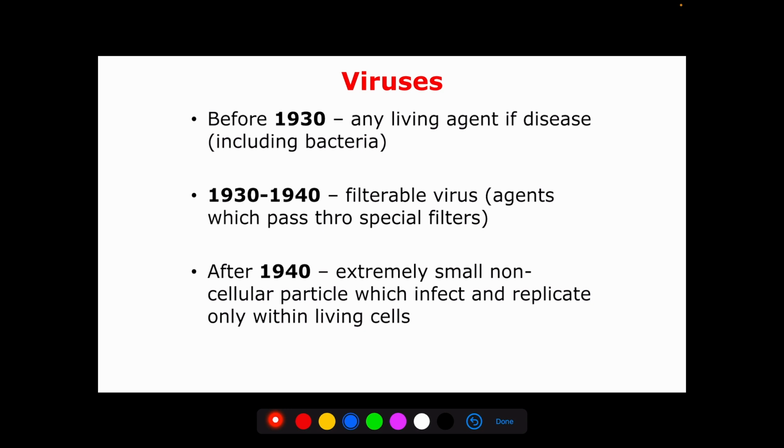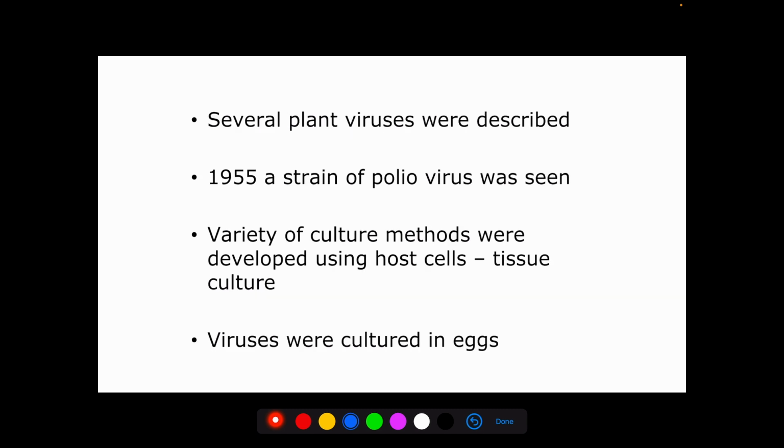But in 1940, we were able to determine that extremely small non-cellular particles which infect and replicate only within living cells were viruses. Now, after that, we had several plant viruses which were described, and we also had a strain of the polio virus which was seen, and we also used lots of tissues to culture viruses, and we also used eggs to culture viruses.